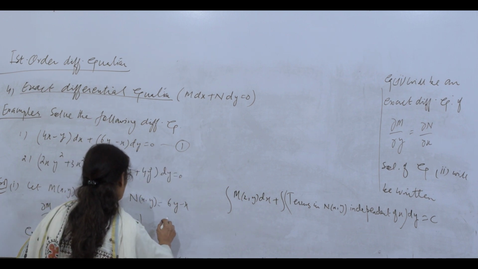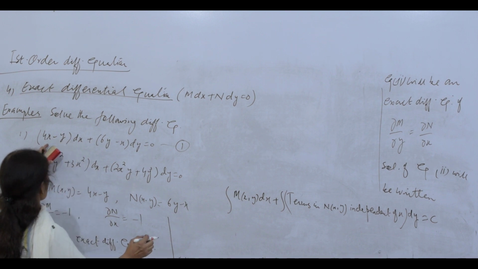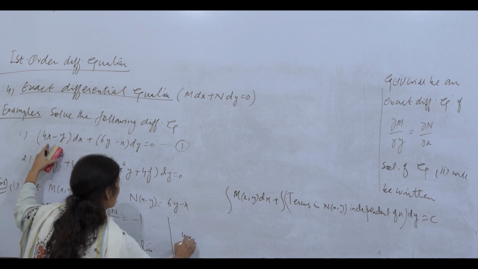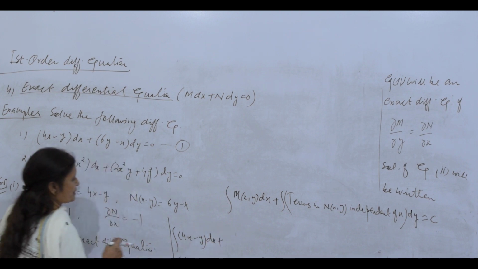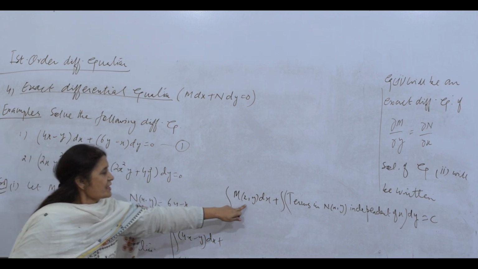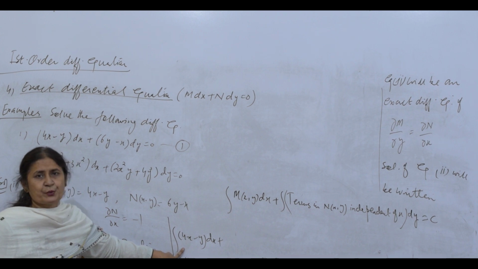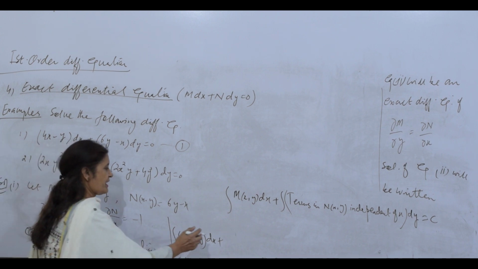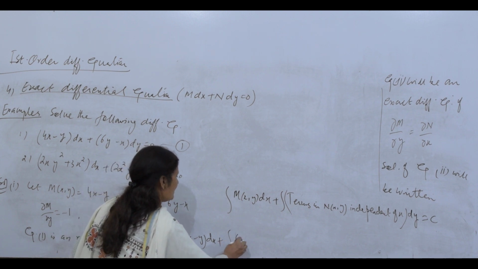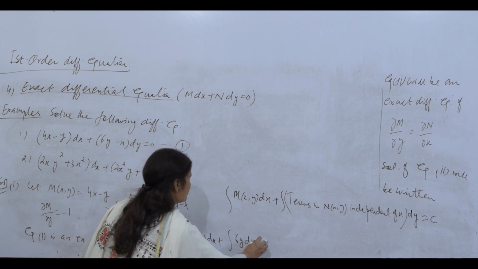The solution will be: this is 4x minus y, integrate term by term with respect to x. M dx integrated with respect to x, plus terms in N free from x. So I have to write 6y dy equal to 0.